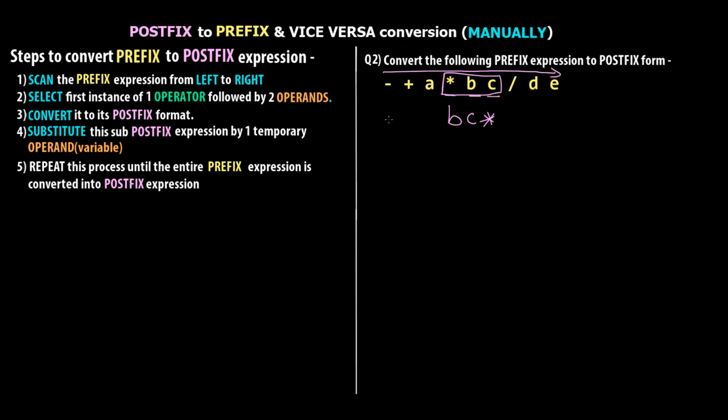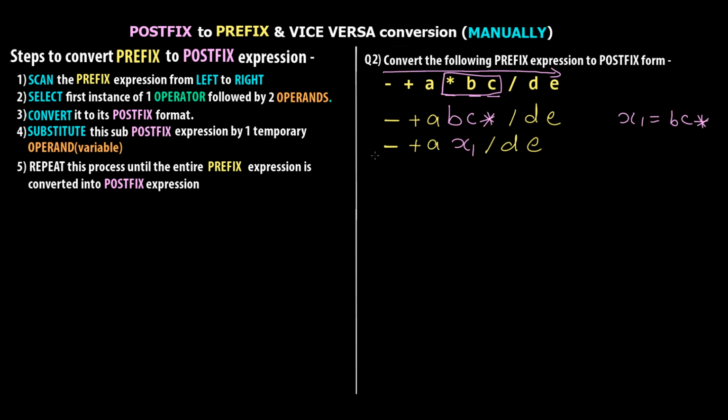Everything else is gonna be as it is. So let's write minus plus A. Then we have divide by D and E. So now we will say x1 is equal to BC star. So this whole expression now becomes minus plus A. Then we have x1, that is the temporary variable. We have divide by, we have D, we have E.